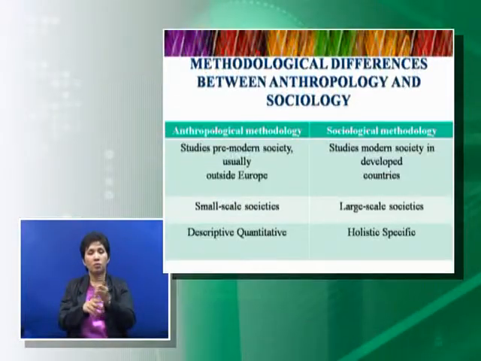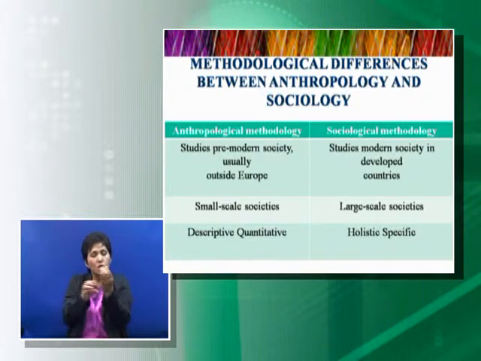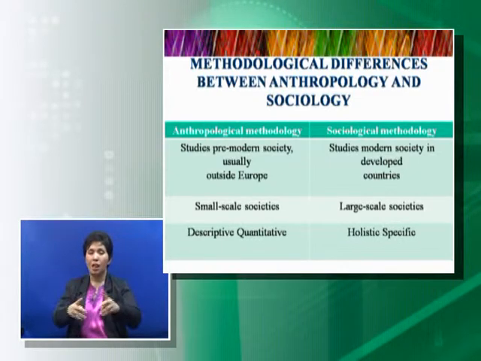Okay, the other difference is about the nature of societies here. The anthropological method covers only one group of society, or small-scale societies. But the sociological method focuses on large-scale societies.